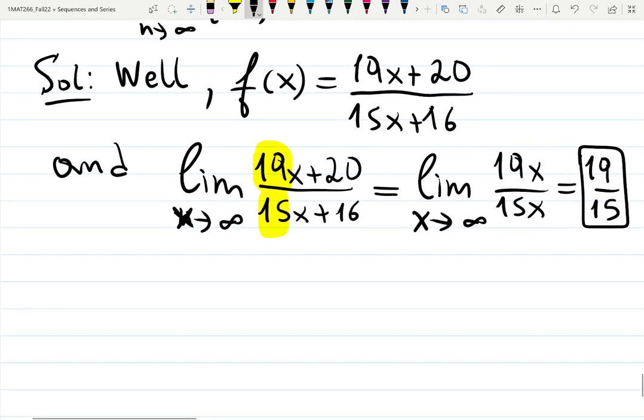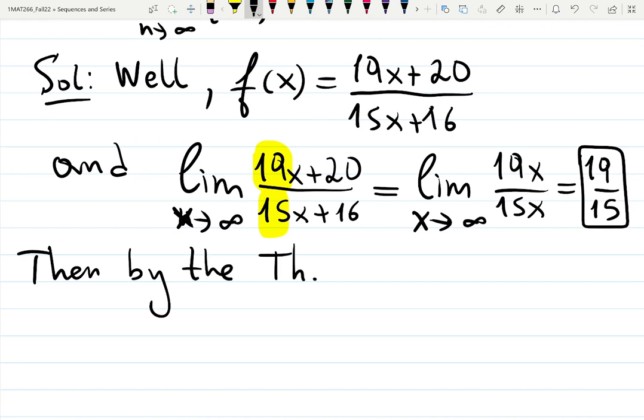Then you say, by the theorem, sometimes we call it theorem 1, sometimes Fibonacci theorem, or Cauchy theorem, whatever.